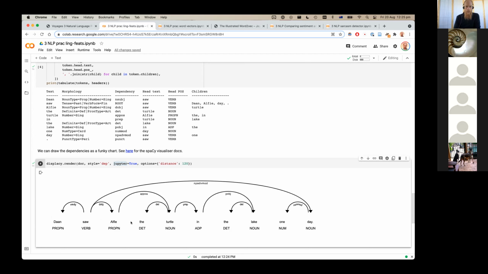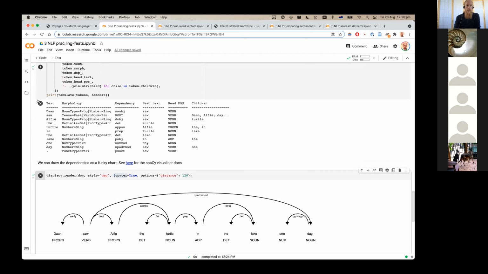It also has a turtle dependency. Oh, okay, so Alfie has a child of turtle. So there, Alfie has turtle as a child, and so on and so on. So it's a nice way of looking at how the words are related to each other.